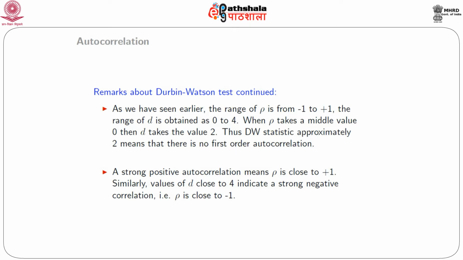Thus, the Durbin-Watson statistic approximately equal to 2 means that there is no first order autocorrelation between the error terms. A strong positive autocorrelation means that rho is close to plus 1. Similarly, values of d close to 4 indicate a strong negative correlation, because when rho equals minus 1, d equals 4.